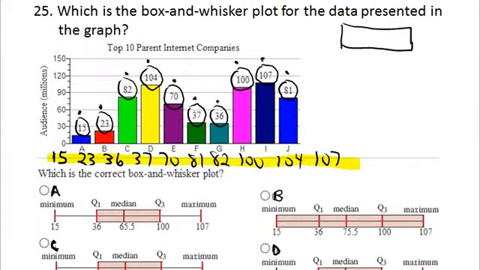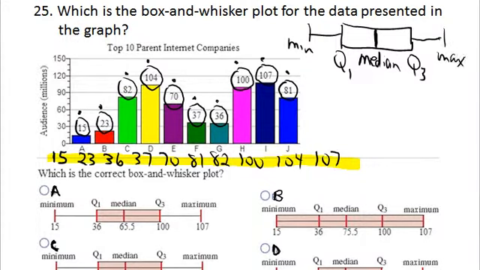The box consists of the median in the middle, with the first quartile value on the left, the third quartile value on the right, and then the whiskers go out to wherever the minimum is on the left and wherever the maximum is on the right. So a box and whisker plot in general looks like that.